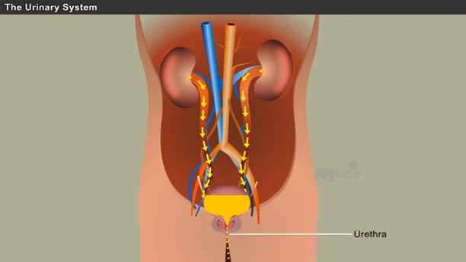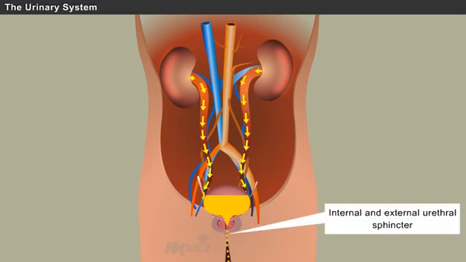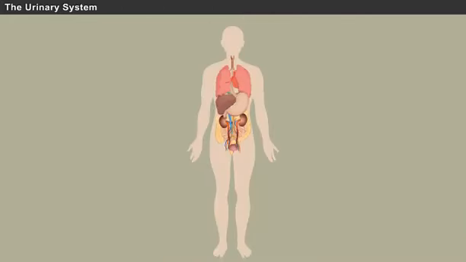The urethra is the tube through which urine passes from the bladder to the exterior of the body, and the flow of urine through the urethra is controlled by the internal and external urethral sphincter muscles. We will next look into the internal anatomy of a kidney.